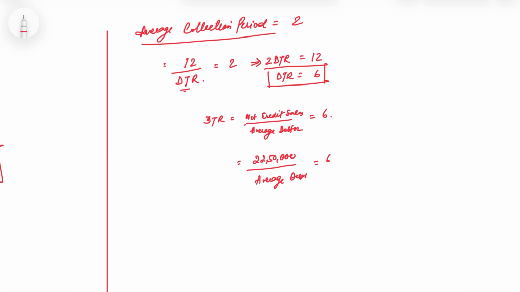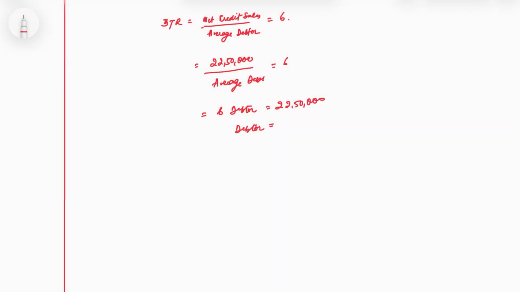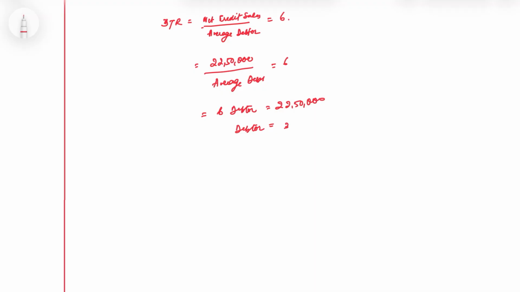Cross multiplying, 6 times average debtors is equal to 22 lakh 50,000. So debtors is 22 lakh 50,000 divided by 6, which is 3 lakh 75,000.